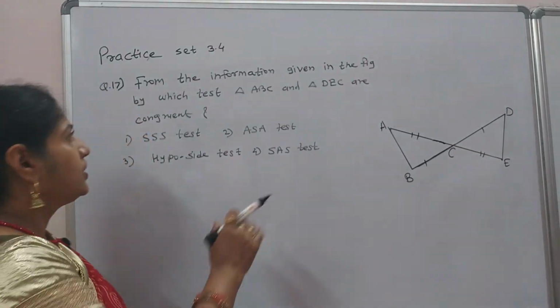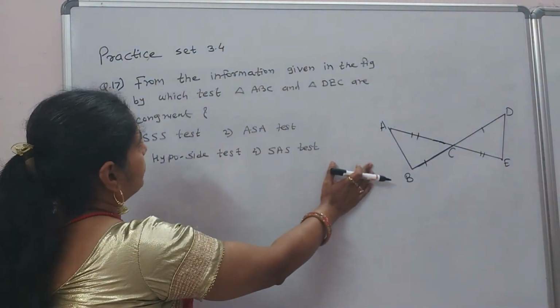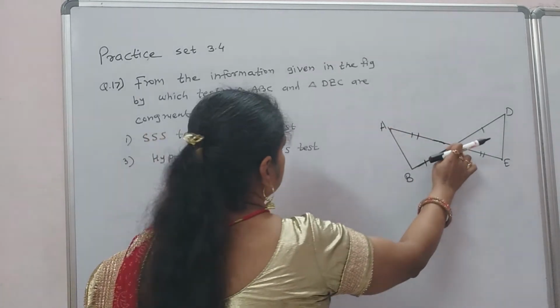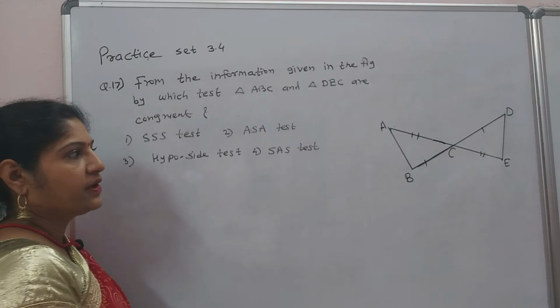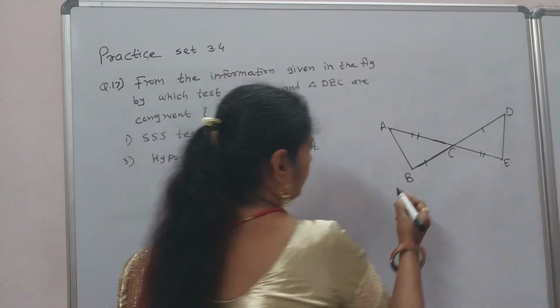Next question. In the adjoining figure, there are two triangles ABC and DEC. These are congruent triangles. By which test? Now observe the figure.